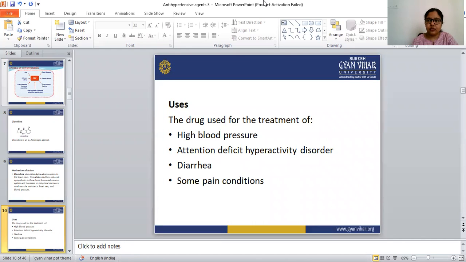Let's see the uses of the clonidine. Clonidine is used in the treatment of high blood pressure, hyperactivity disorder, diarrhea, and some pain conditions.